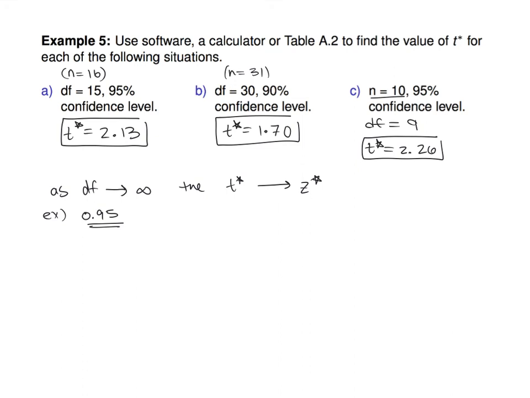And you can see at the very bottom, when you go to infinite, you get 1.960 for the t-star, which was the z-star. So for 0.95 confidence level, as degrees of freedom goes to infinity, you notice that t-star goes to 1.96, which was equal to the z-star for 0.95 confidence level.